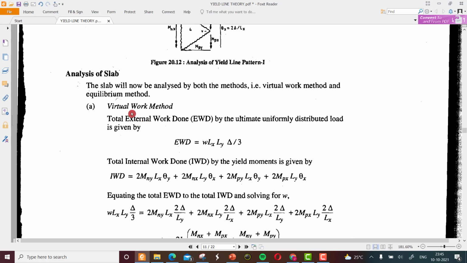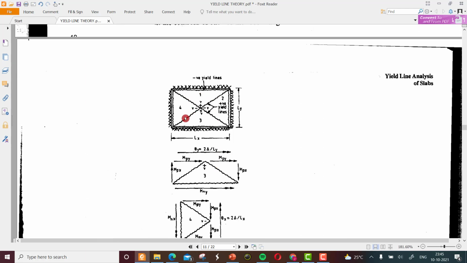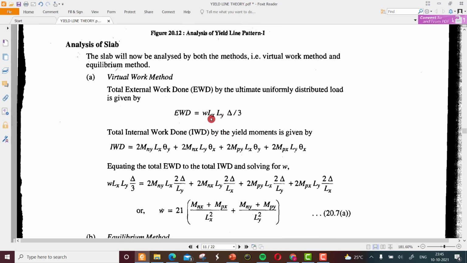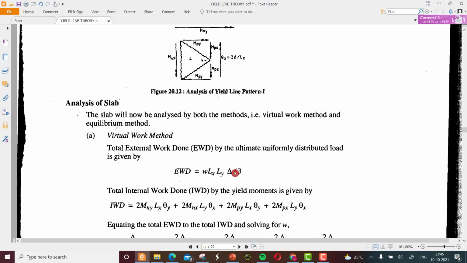In the case of the virtual work method, we have the total work done. We know that we are applying a UDL load W, so W into Lx into Ly, the area of the entire slab, into delta by 3 will give you the total external work done.